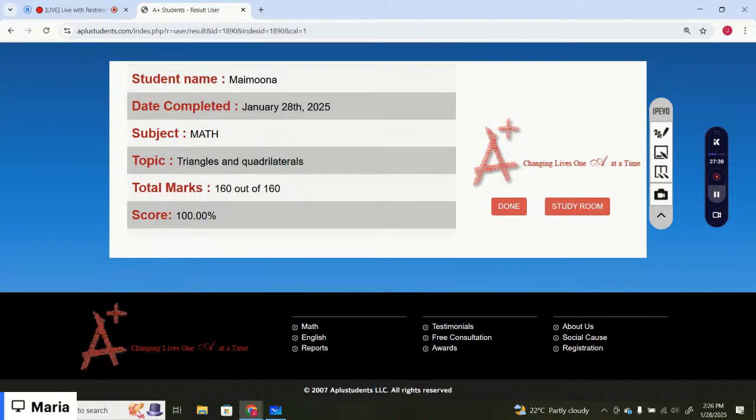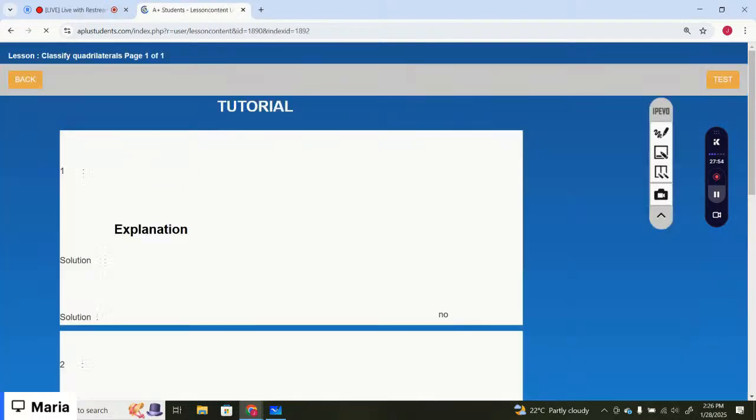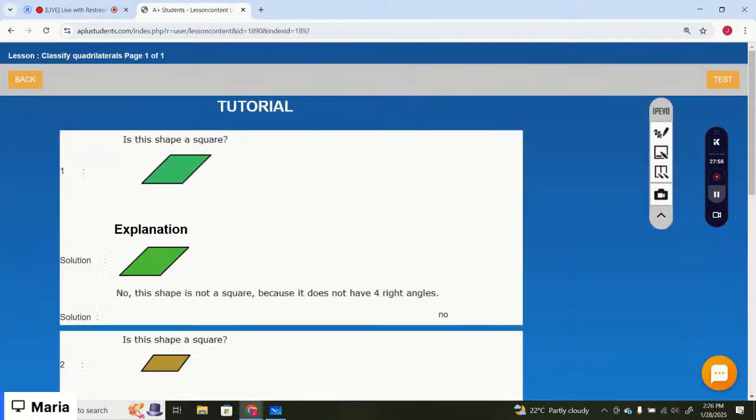Okay, we are done with the lesson. Let's just move on to next lesson. Classify quadrilaterals.